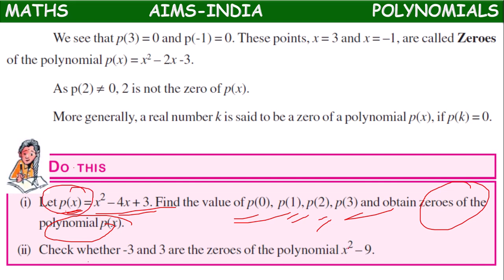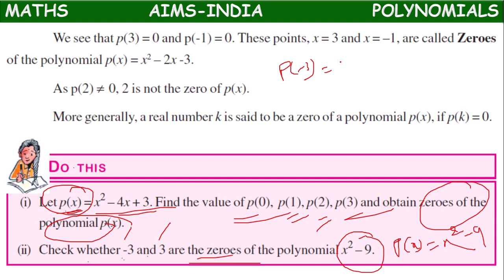In the same way, if you name this expression p of x equal x square minus 9, then check whether minus 3 and 3 are zeros of the polynomial or not. If I keep minus 3 in the place of x, then p of minus 3 will be minus 3 whole square minus 9.